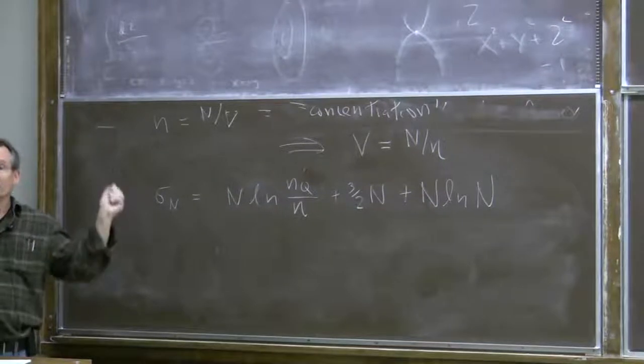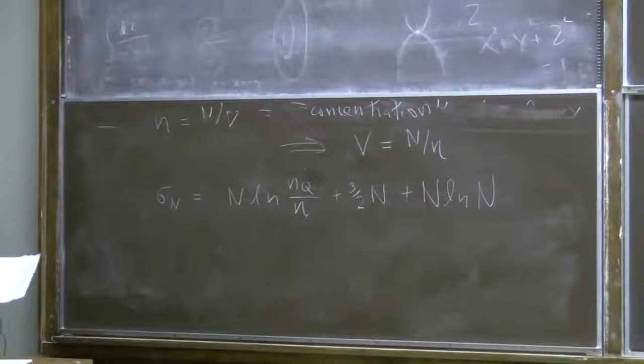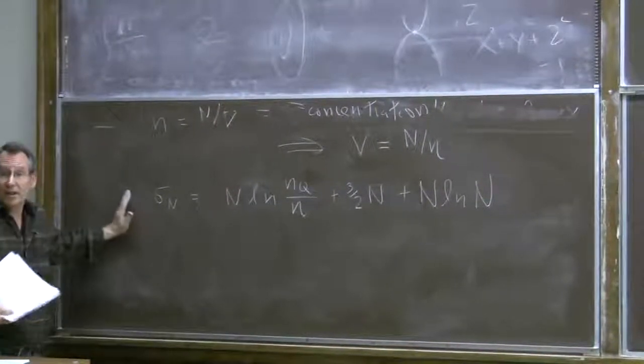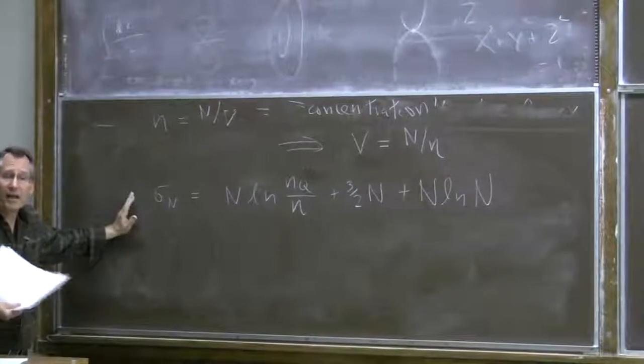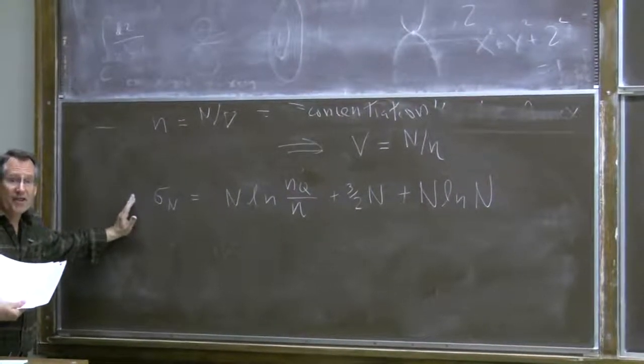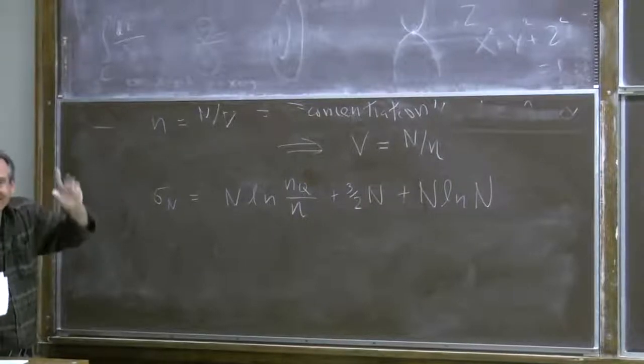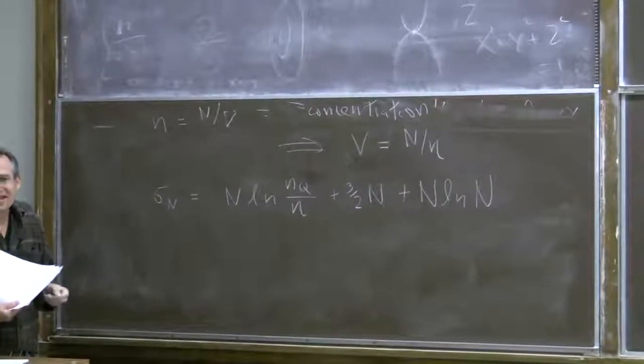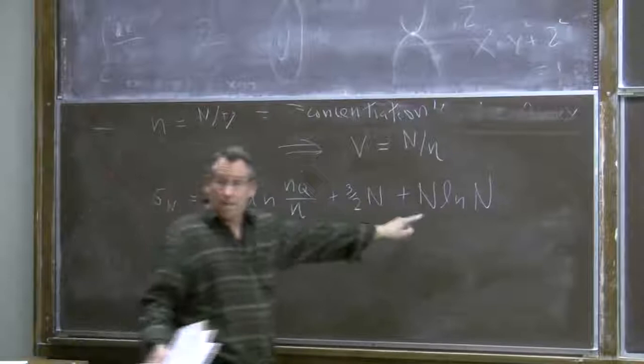So I'm increasing the number of particles. Normally we think of entropy, as I've said in a past lecture, as... and that's almost a question. Yes, what is it? Where does the log N come from?